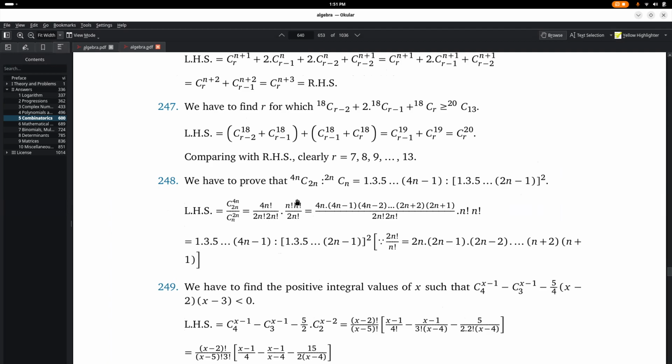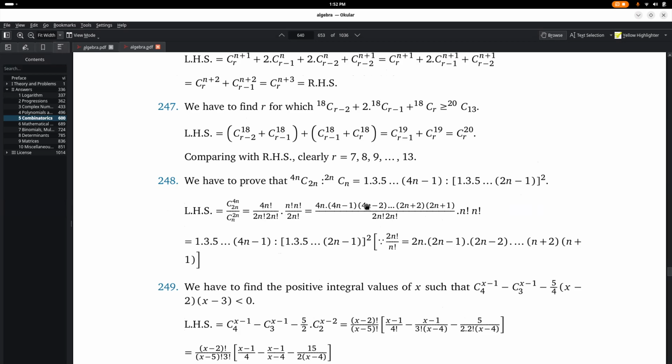So we keep this and we divide from 2n factorial. So we get 4n into 4n minus 1 into 4n minus 2 up to 2n plus 1 divided by 2n factorial multiplied by 2n factorial. Remember that there are 3 2n factorials in the denominator, only one was cancelled here.